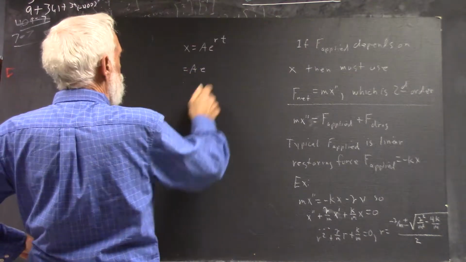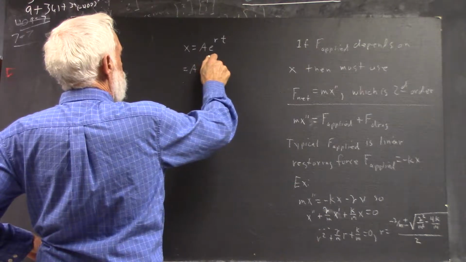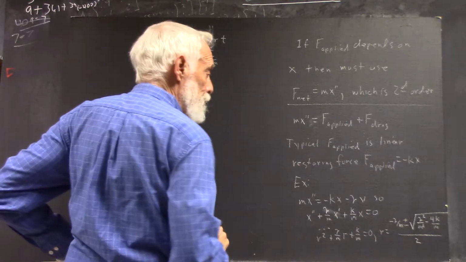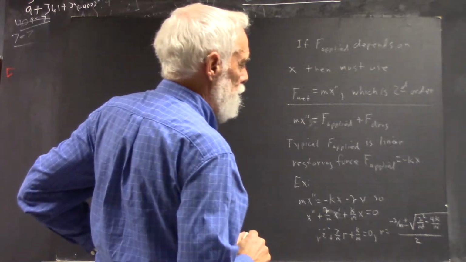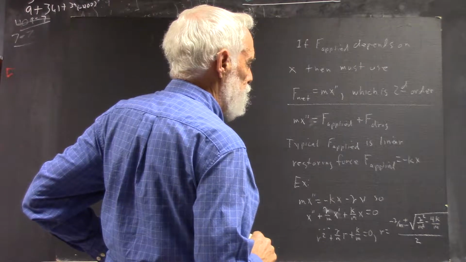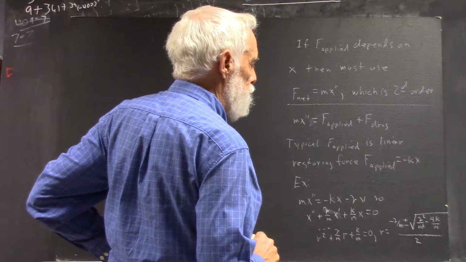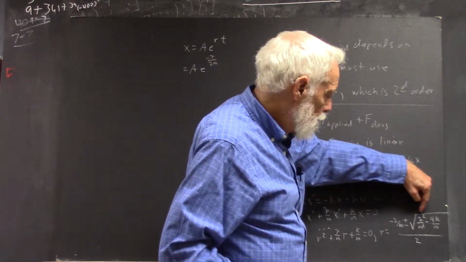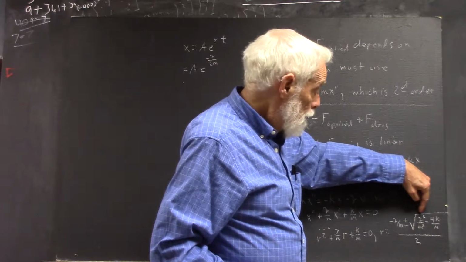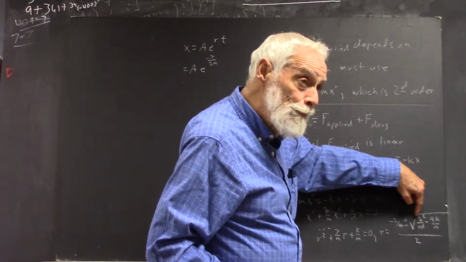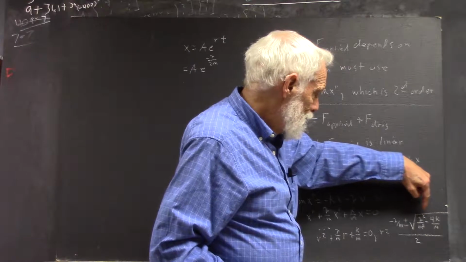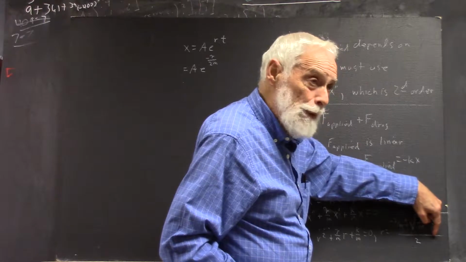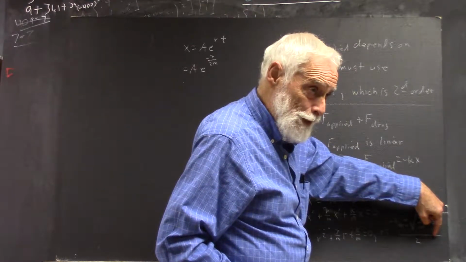So that's A e to the negative gamma over 2m, okay? And what we do is we factor the gamma over m out of this, giving us a gamma over m times 1 minus 4km over gamma. Okay?